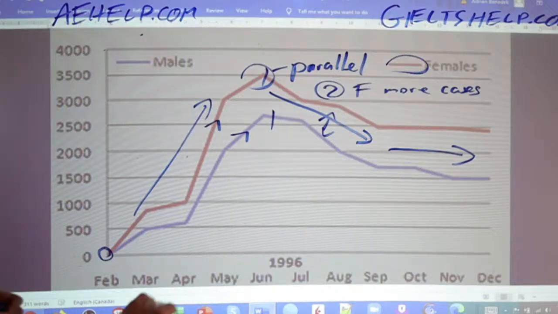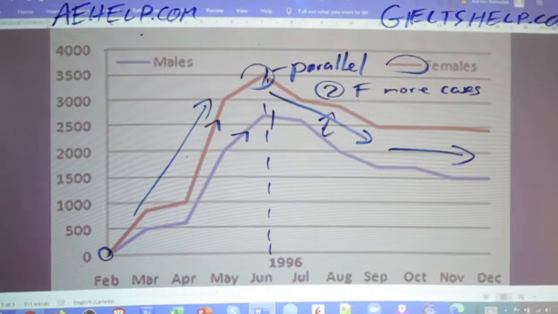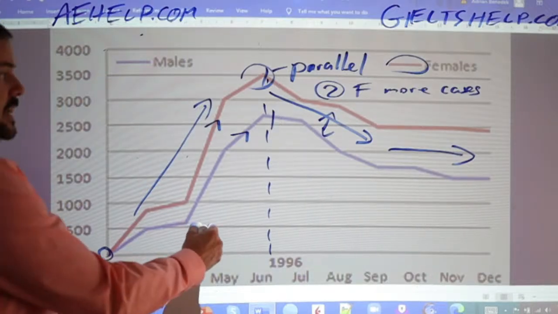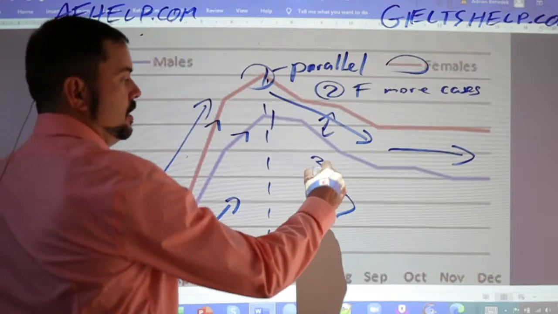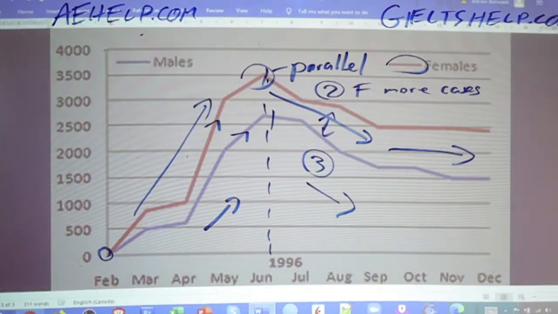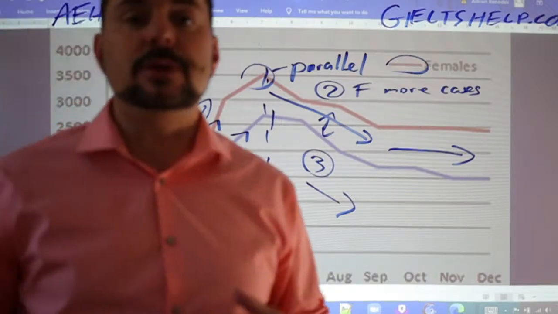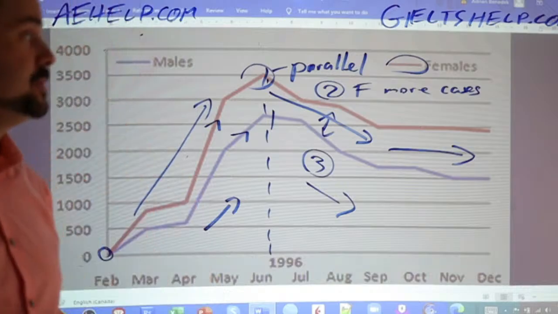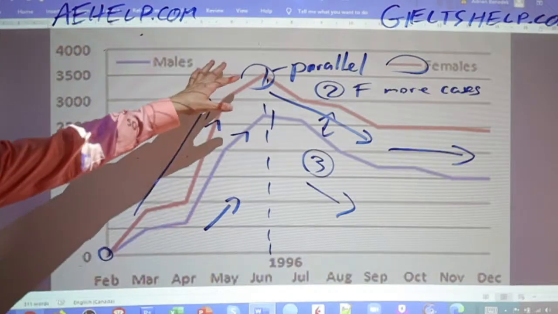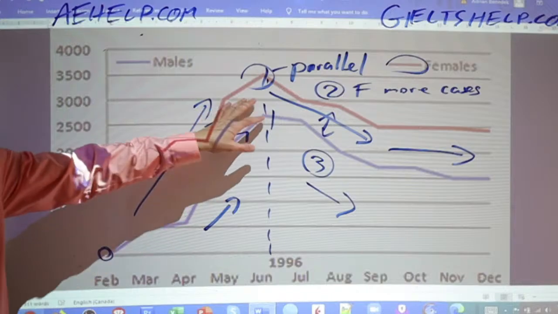We see an increase in flu cases in the first half of the year, and then a decrease in the second half. That's the third point. If we want to be really clever in our overview, these are basically the 3 points you should observe. Number one, you should observe that for both males and females, the trends are similar.